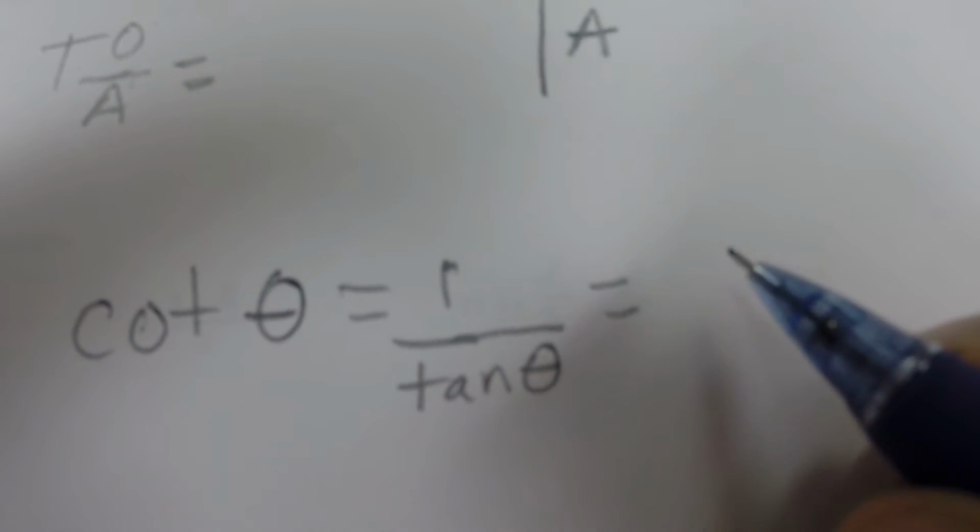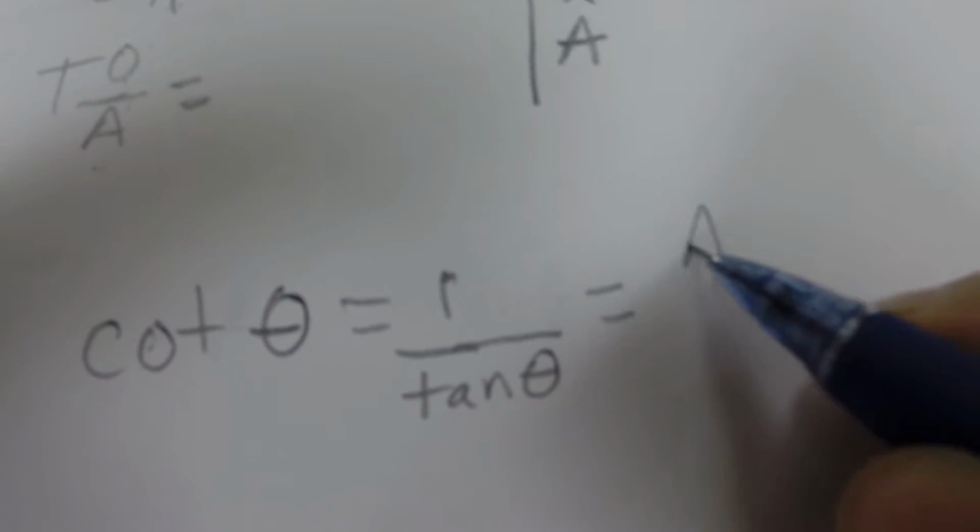That just means I take my O over A and I flip it: A over O. If A, adjacent, is x, and O is y, it gives us x over y. So that's true.